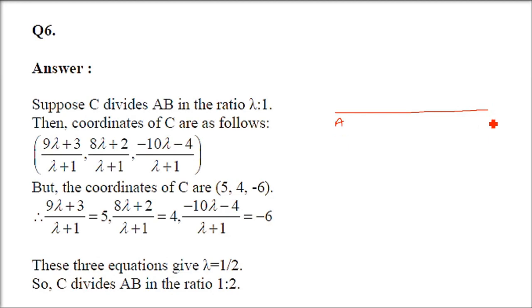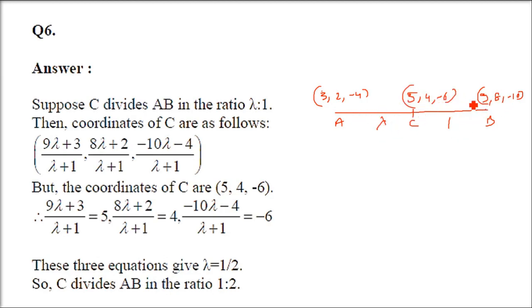We have A, B, and C is in between somewhere, and we have the coordinates of A, B and C. We have to just find out lambda is to 1. So A is (3, 2, -4), B is (9, 8, -10), and C is (5, 4, -6). Now this is lambda is to 1.